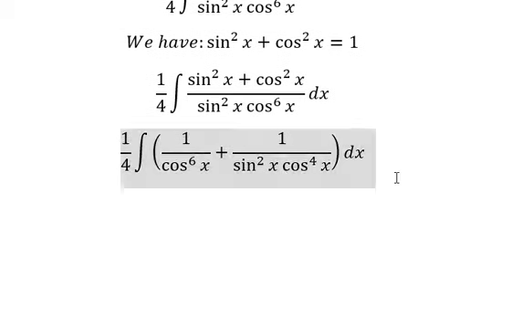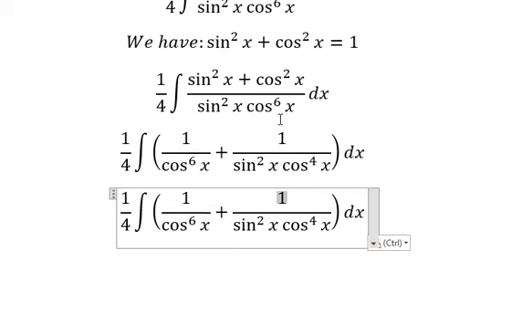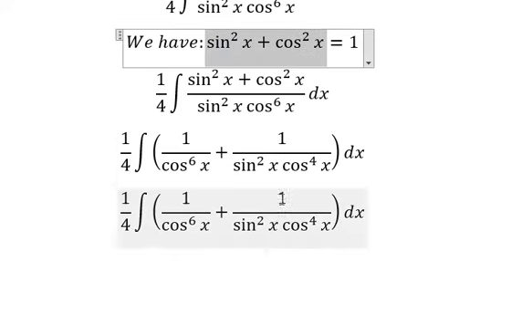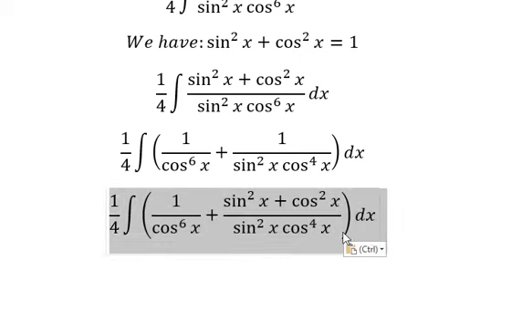Next, so number 1 we change by this one and we repeat again.